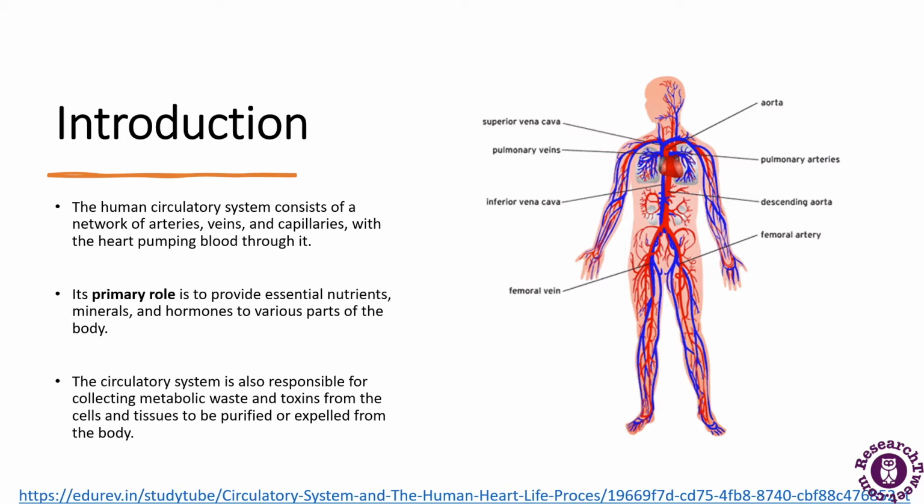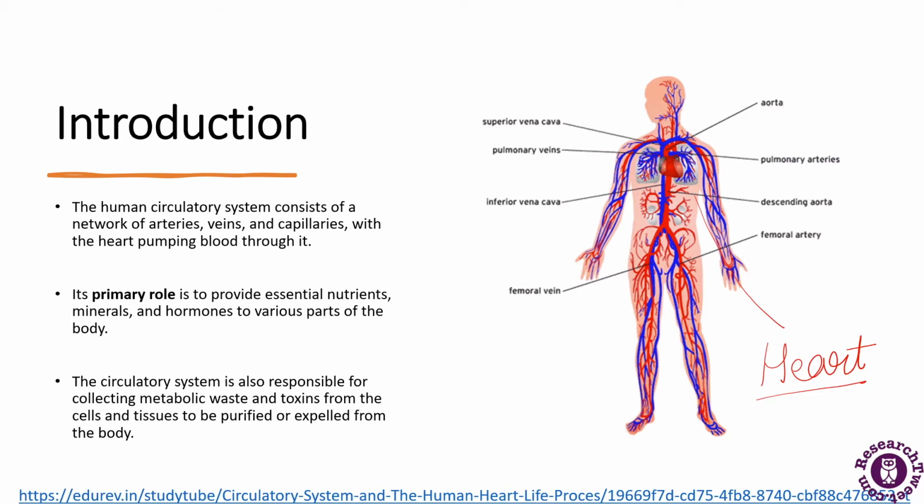As you can see in this particular diagram, it shows the various parts of the human circulatory system. Now, what are the parts? The main part of the human circulatory system is the heart, and the blood which is being transferred through various body parts.